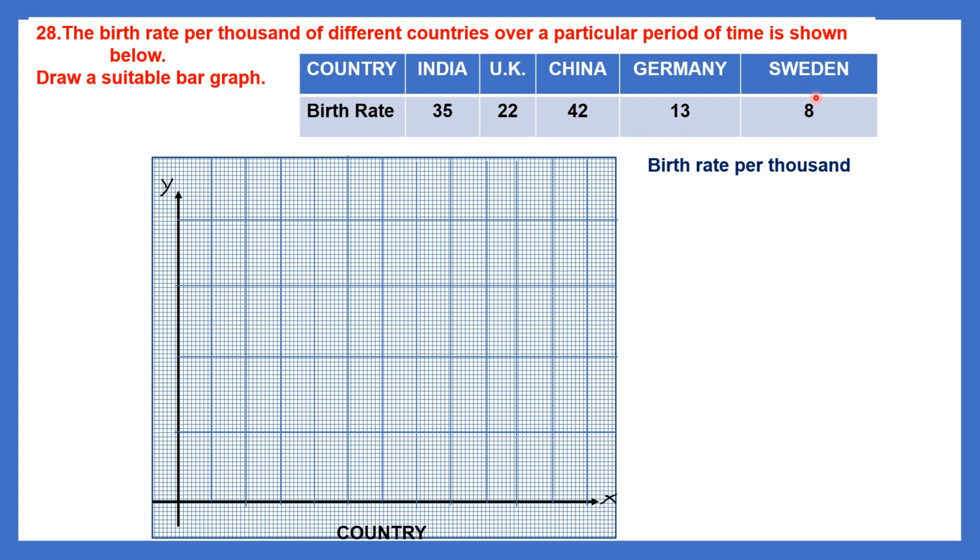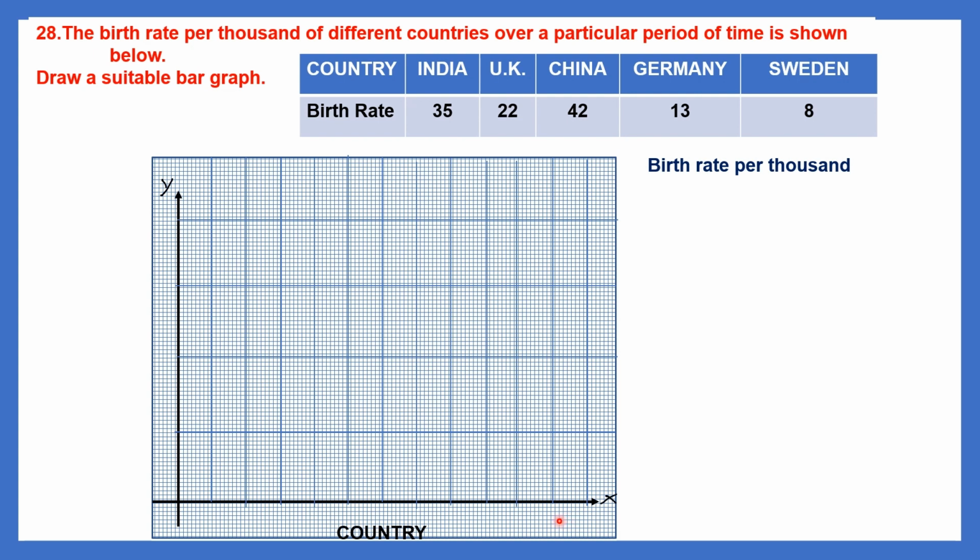That means on the x-axis, we're going to show the different countries. Here the countries are India, UK, China, Germany and Sweden. Some of these names are quite long, isn't it? So you will not be able to fit it into these little centimeters that you have here. There is another way of doing it and I will show it to you.